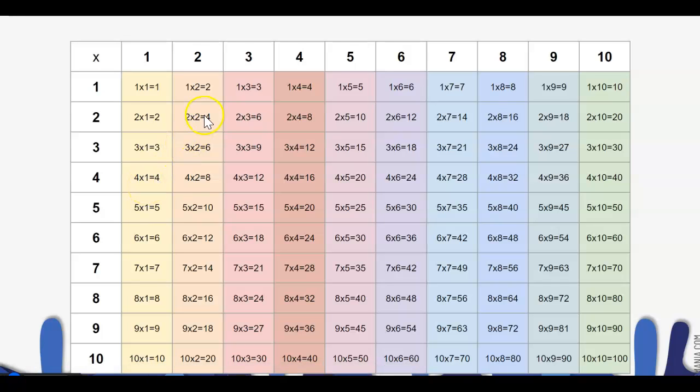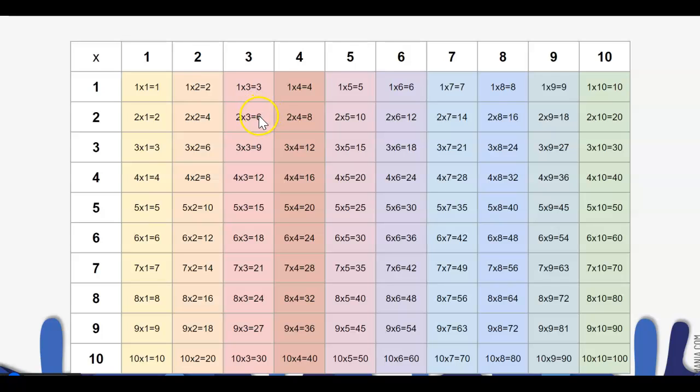But one of the things that you should be noticing is that all the numbers inside of here that are being multiplied, they're the factors. All the numbers that are being multiplied are the factors. And this 2 times 3 is represented right here, and it has a product or answer of 6.